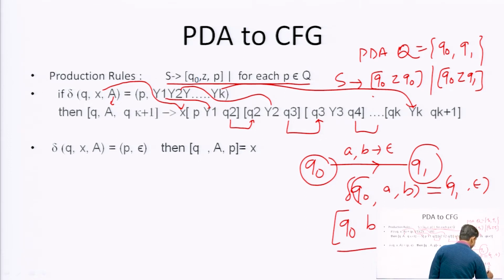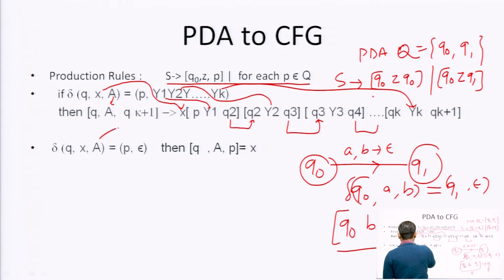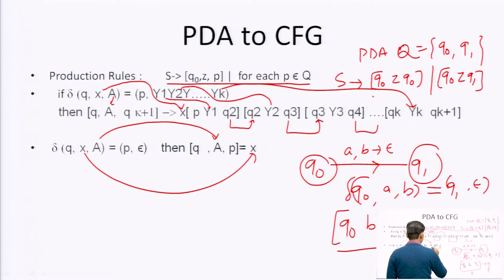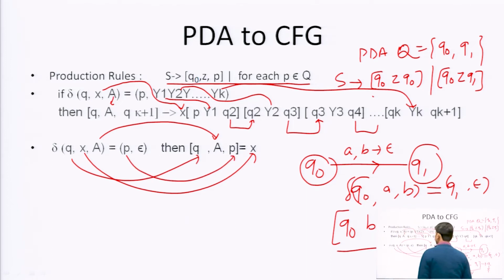So here you see what we did: this A comes here as X, and this Q is here and P is here. So this is the production for a pop transition.